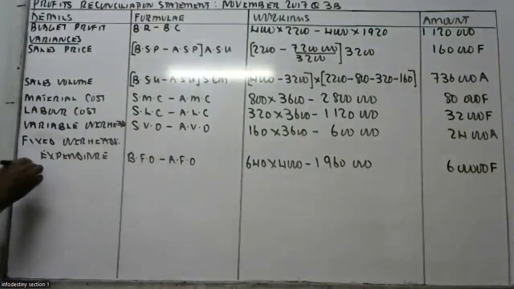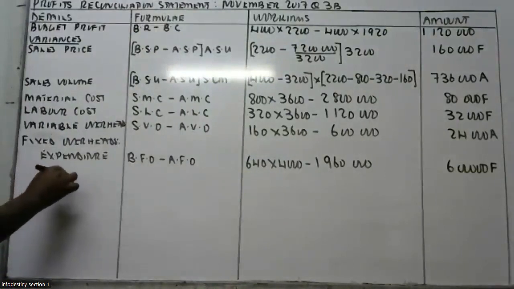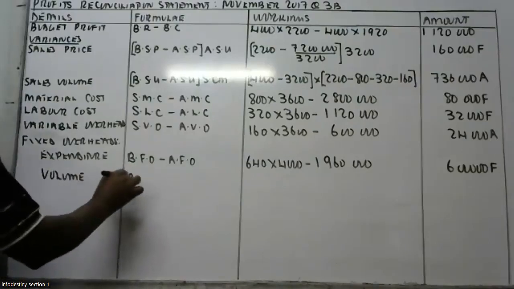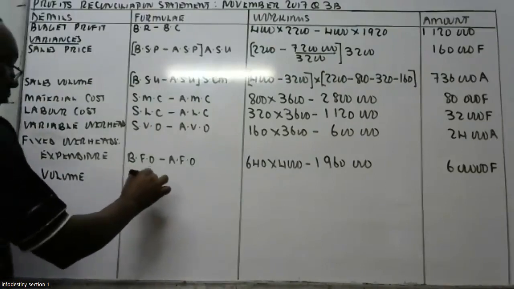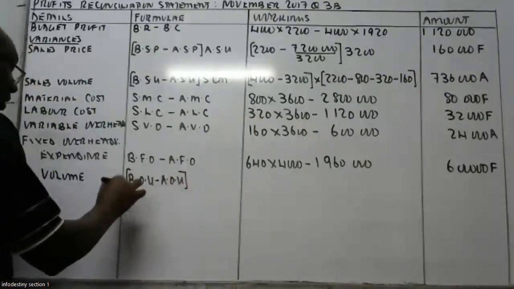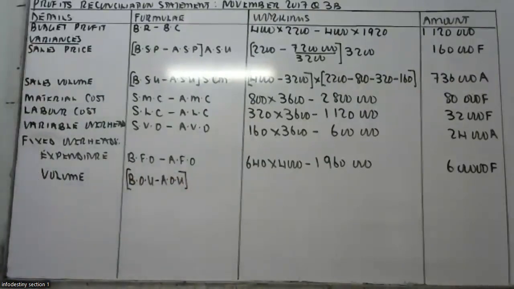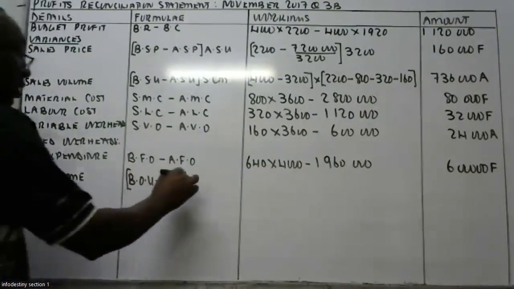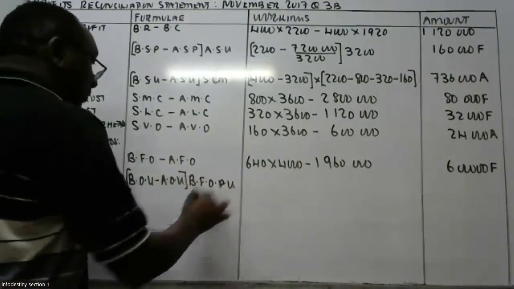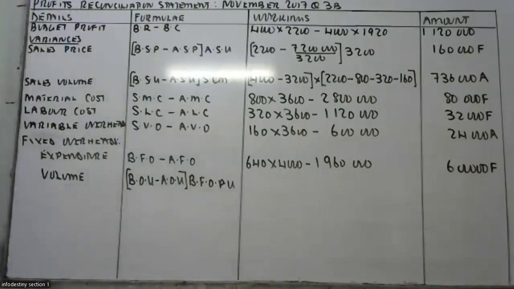Then we have what we call volume. Now, volume is computed as budget output units minus actual output units, you multiply by budget fixed overheads per unit.